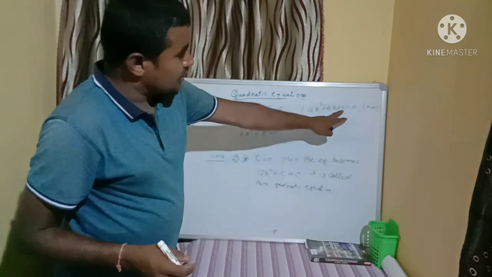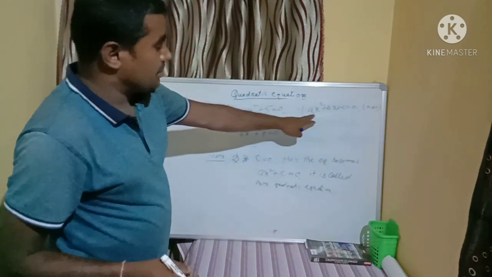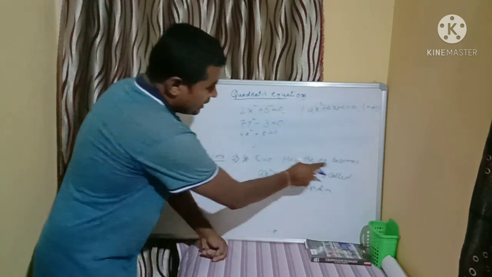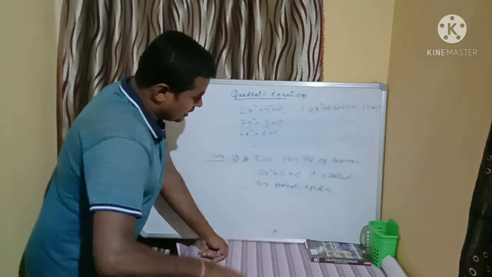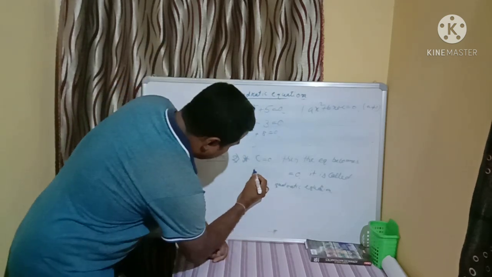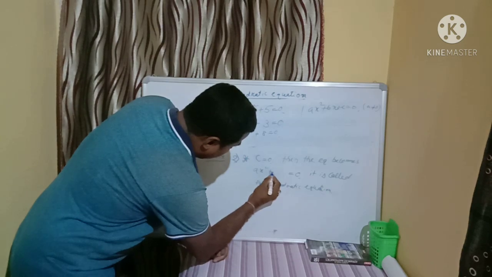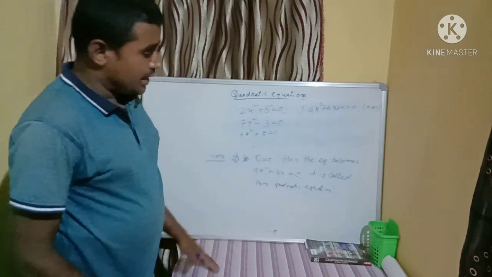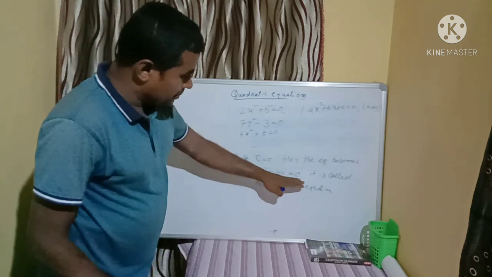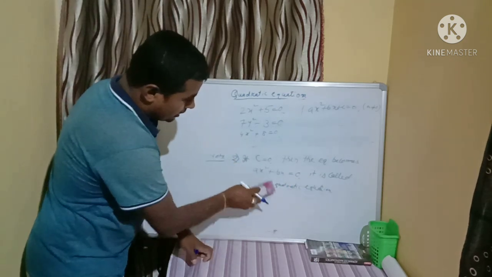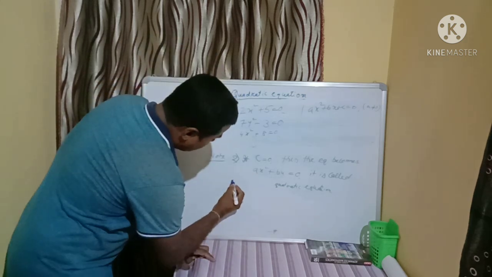Now if c equal to 0, then the equation becomes ax square plus bx equal to 0.